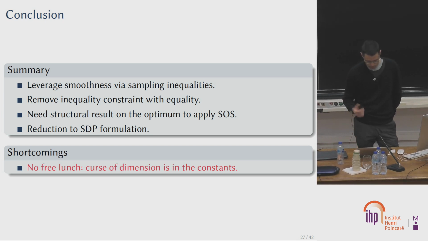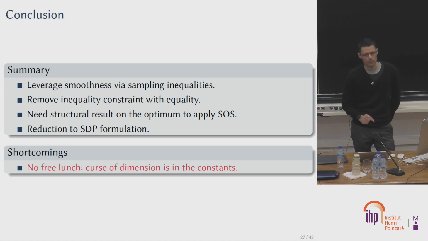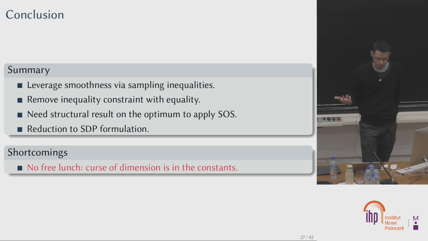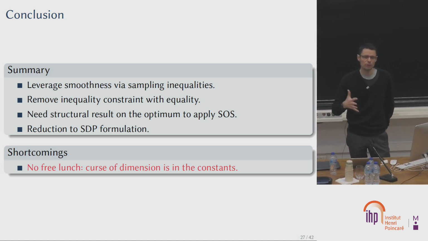The point is that there is no free lunch here. The curse of dimensionality is not present in the rate, but it's still present in the constant. So we need a sufficiently large number of points, depending on the dimension, in order for this inequality to apply.